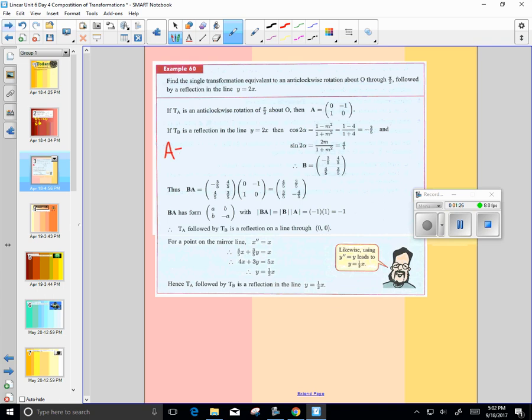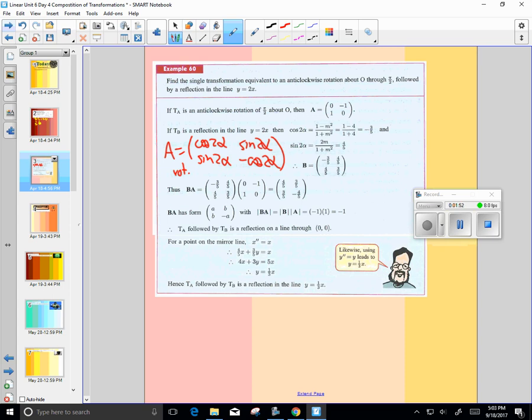Remember, the standard matrix for that is cosine 2 alpha, sine 2 alpha, and then sine 2 alpha, negative cosine 2 alpha. So that is the rotation one.